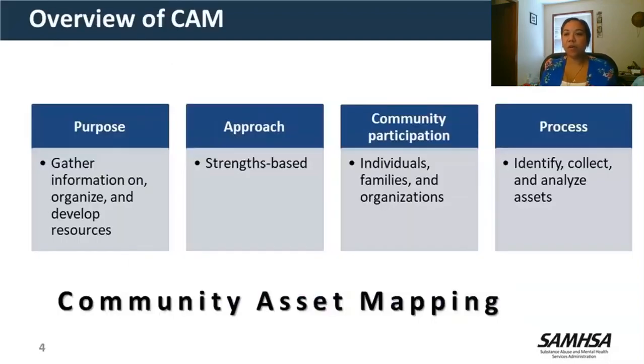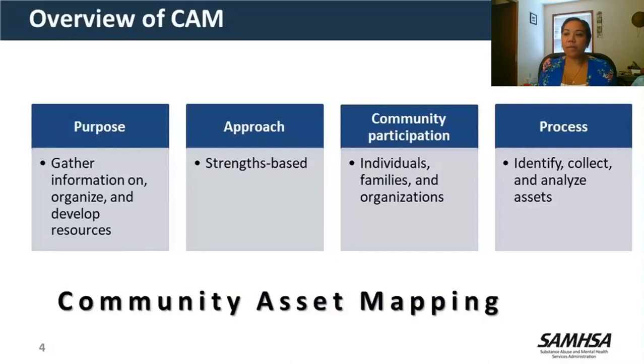So first, what is community asset mapping? Community asset mapping is an activity that community organizers use when they first want to focus their advocacy around a certain issue or topic in their community. It uses a strengths-based approach to map resources in a community.